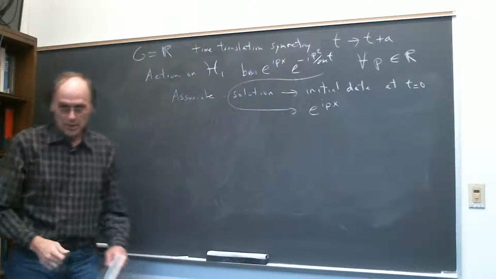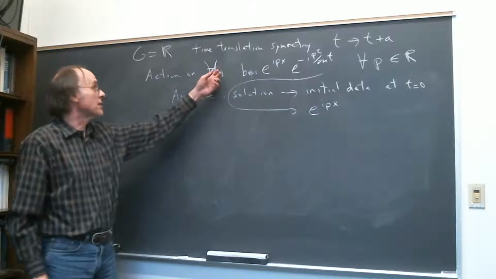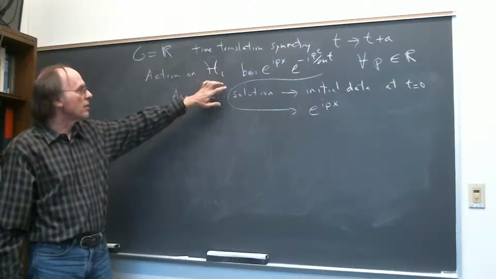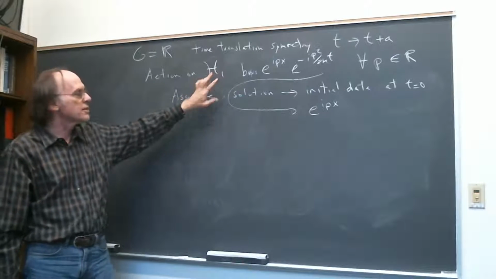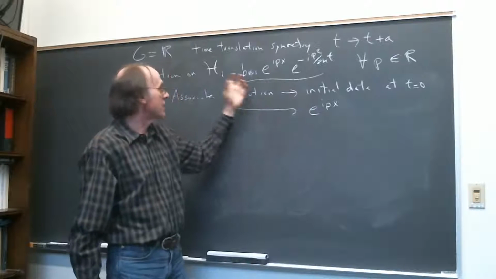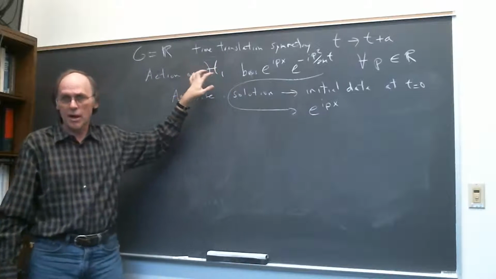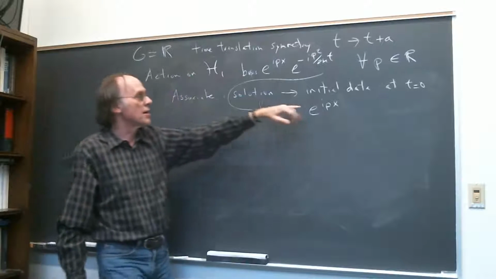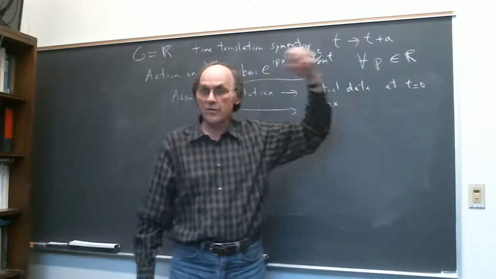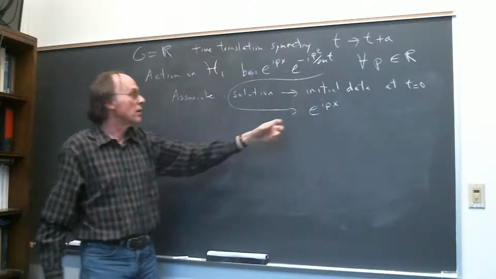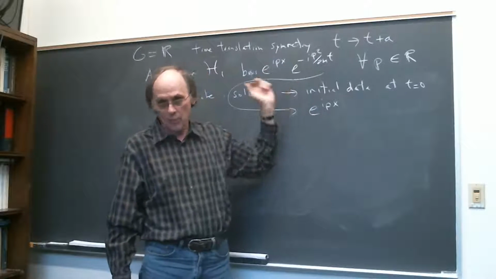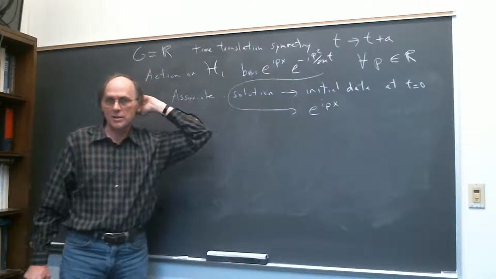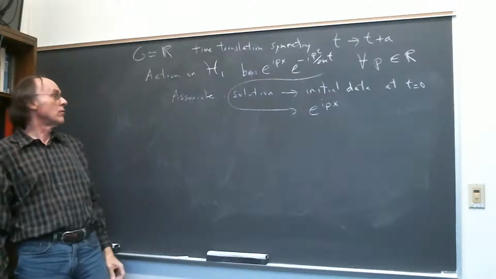Sometimes I'll say, I just think of this space as a space of functions. I'm just looking at complex functions on the real line, and I'm thinking of those as the t equals 0 initial data for solutions. And Fourier analysis tells me that the e to the ipx are a basis of these things.